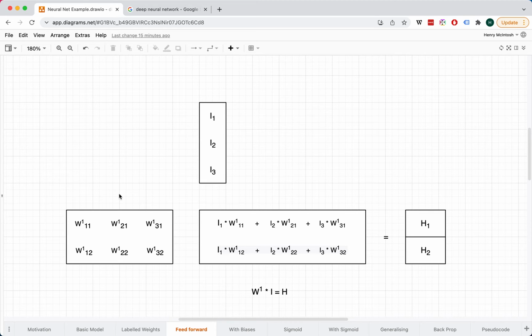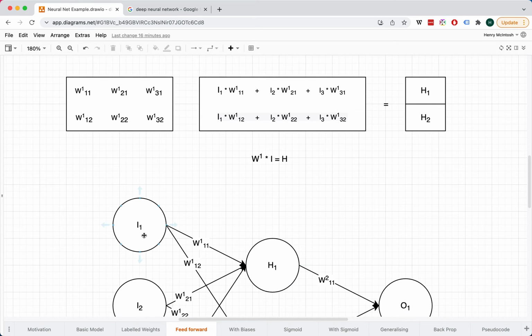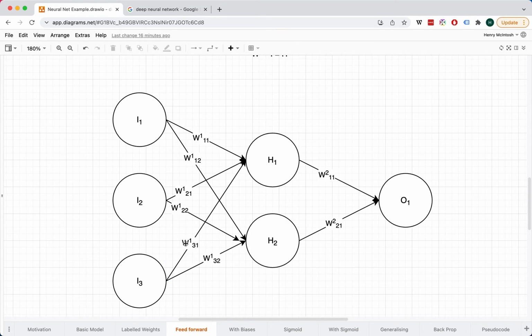So we start with our weight matrix on the left and we're multiplying it by our input vector on the right, and because this has the same height as the matrix is wide, we can do this multiplication successfully and get another vector. So you see we get here exactly what we were hoping for, where our H1 is the sum of our input I1 times this first weight matrix element W1,1, plus I2 times W2,1, plus I3 times W3,1.